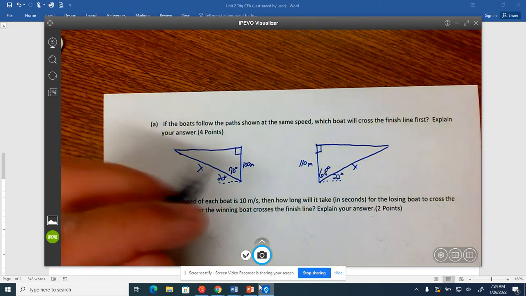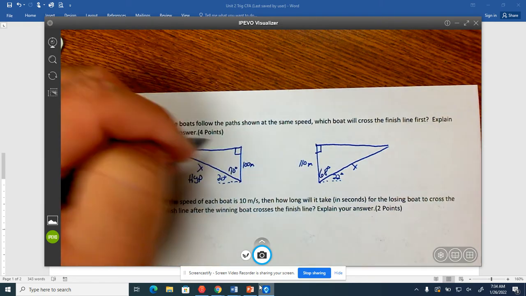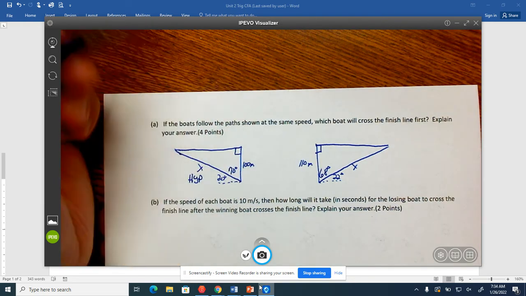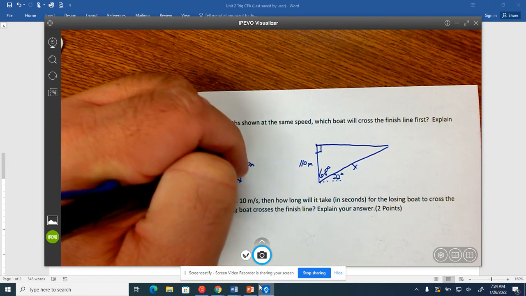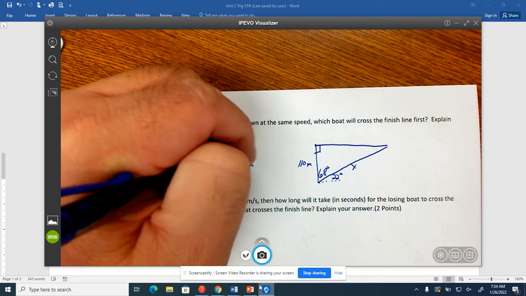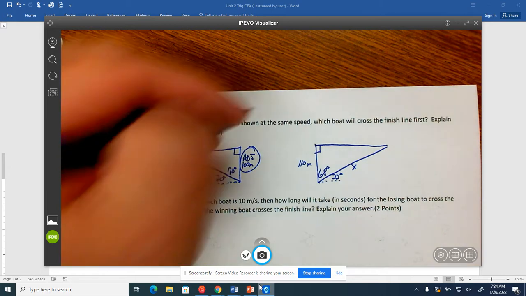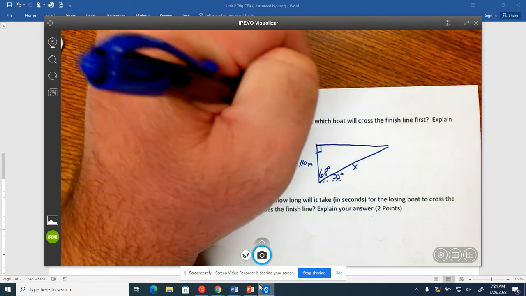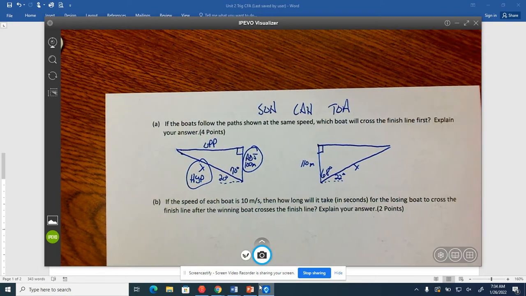So now I'm finding what I have. This is the hypotenuse. The leg farthest away from my angle that I'm working with is opposite, and the leg right next to it is adjacent. Circle the information I have. I have hypotenuse and adjacent. So looking at SOHCAHTOA, which one am I going to use?